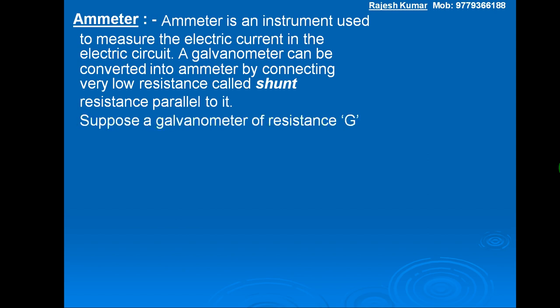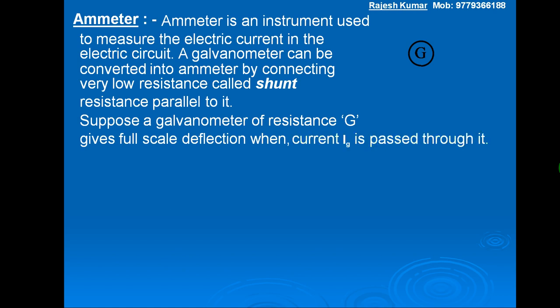Suppose a galvanometer of resistance capital G gives full scale deflection when current Ig is passed through it. That is, Ig is the maximum current which can pass through galvanometer.